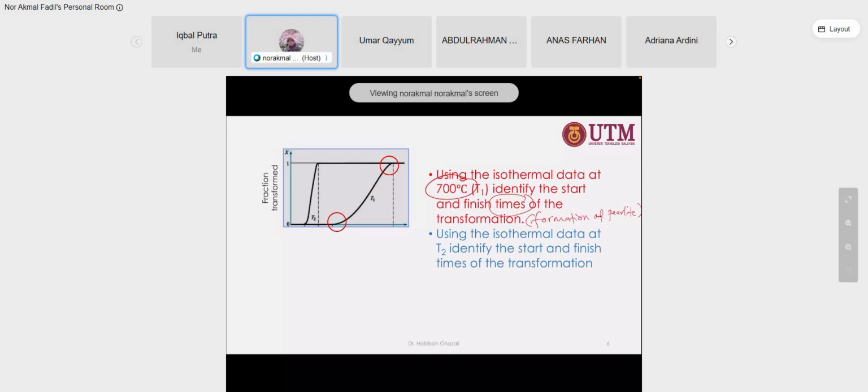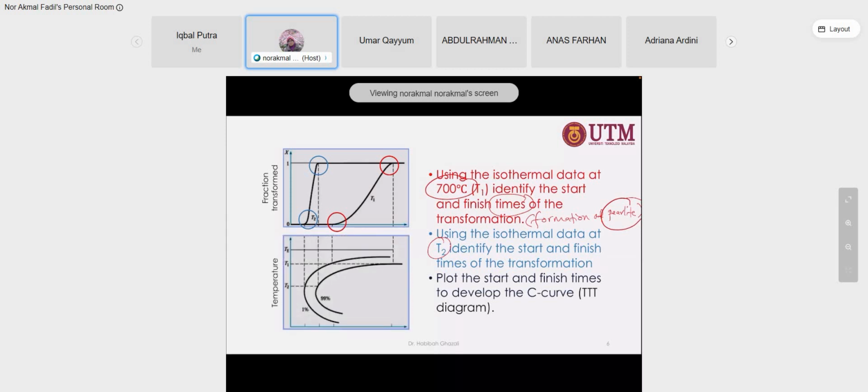And then using the same method at a different temperature. Okay, using the isothermal data at T2 to identify the start and finish time of the transformation and see is it still pearlite or other microstructure. Okay, and then plot the start and finish time to develop the C curve or TTT diagram.